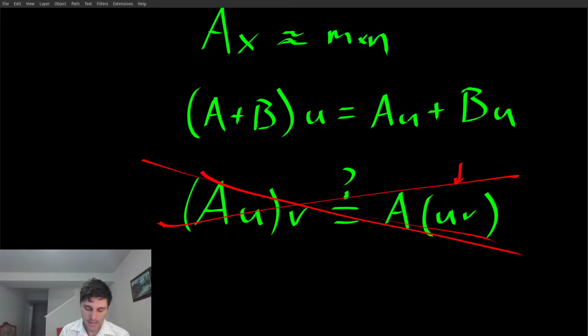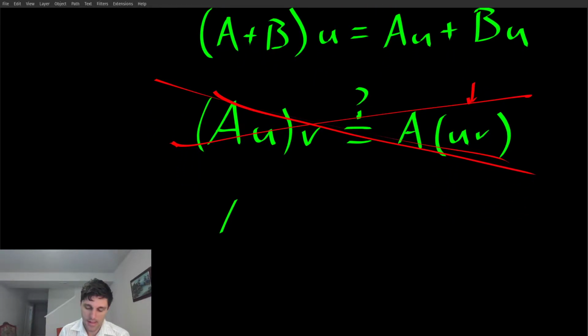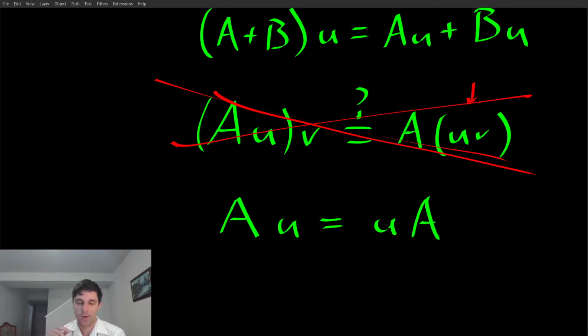And similarly, I might be tempted to try something like au equals ua. But this one is also a no-go. Again, it's because we want to preserve the properties for matrix multiplication. With scalar multiplication, it's fine, you can do it wherever. But this is not good.